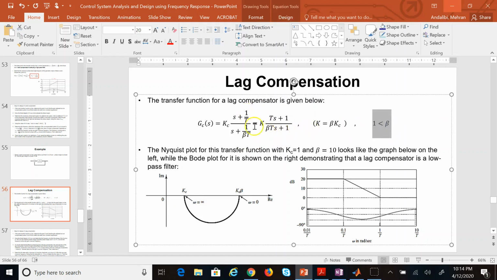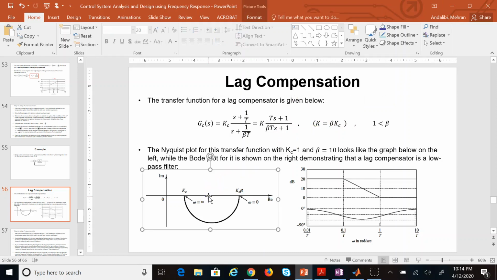And if you multiply both numerator and denominator by beta T, that's another way to describe the compensator transfer function. And again, the reason we do it this way is because when we do Bode plots, we want the constants in numerator and denominator to be 1, where here K is Kc times beta.